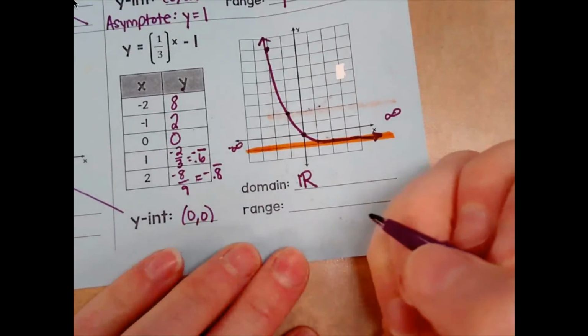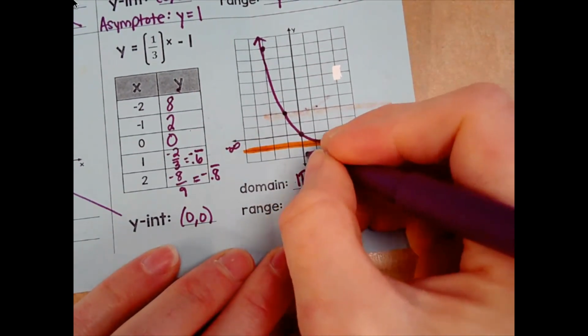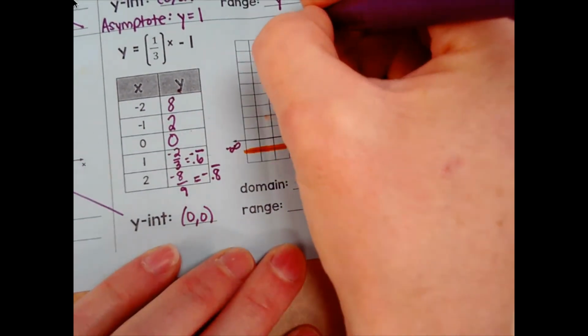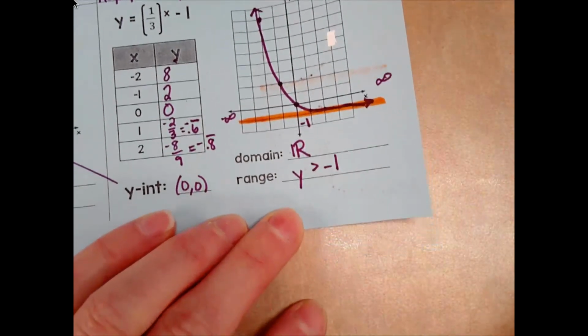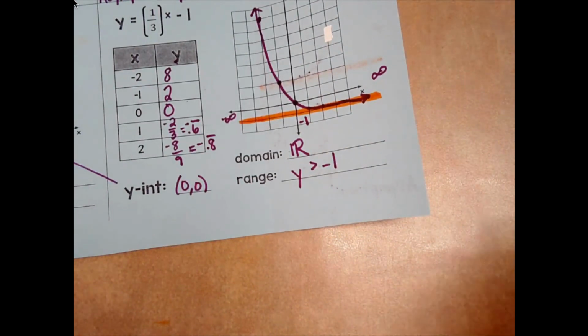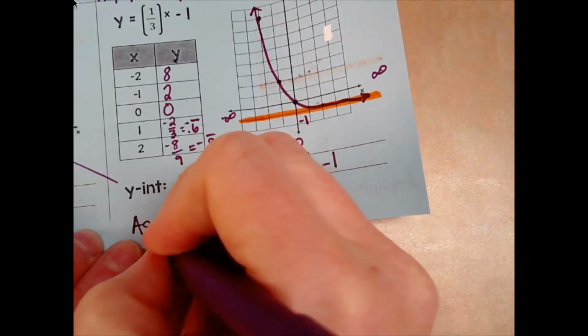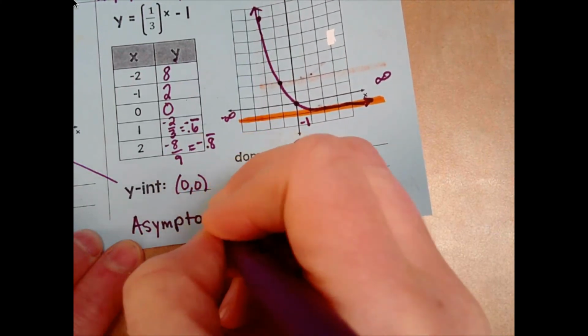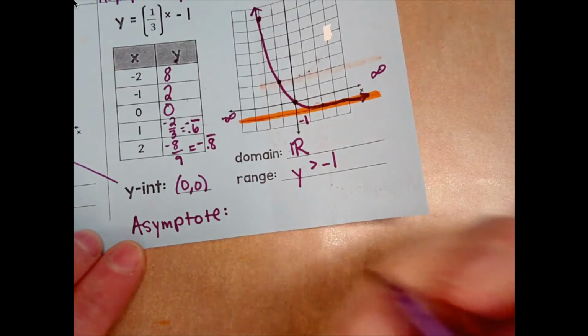What about the range? How far down will it go? Negative 1. Y is greater than negative 1. Yep. Y equals negative 1 is our asymptote. Yep.